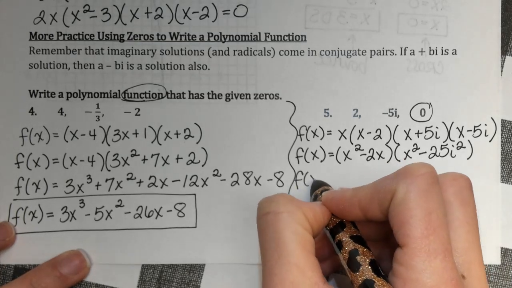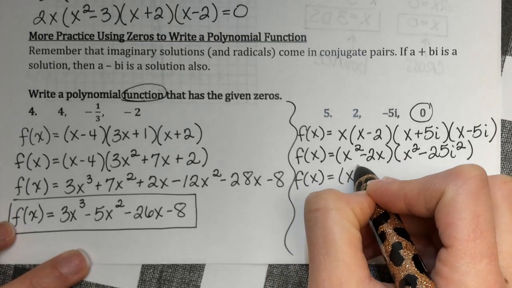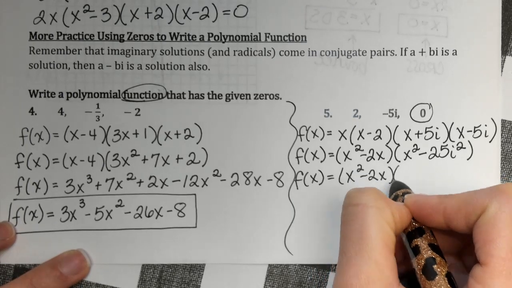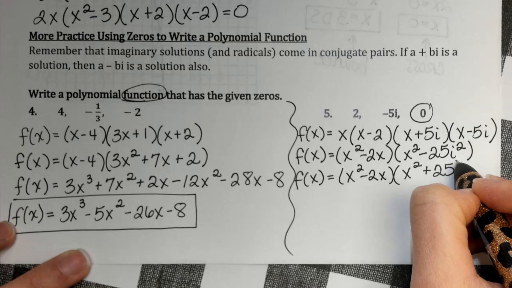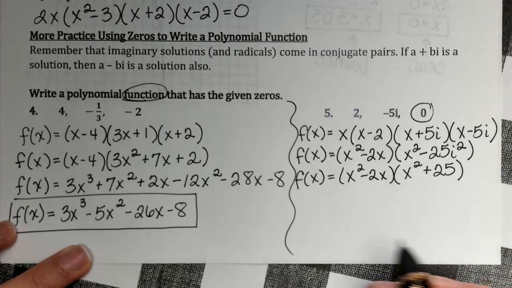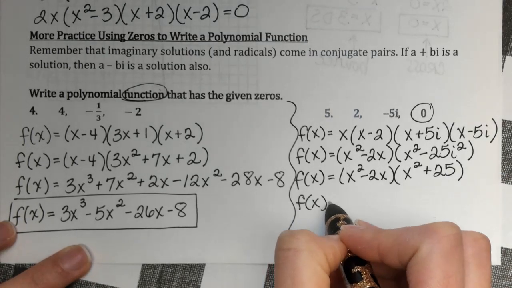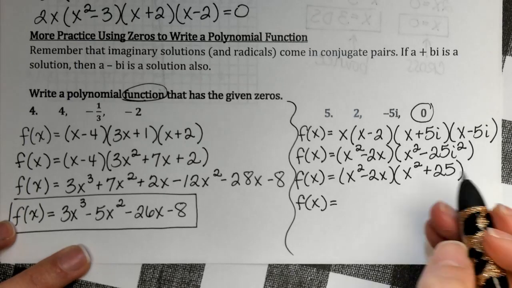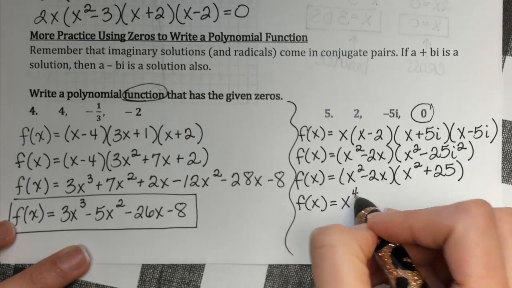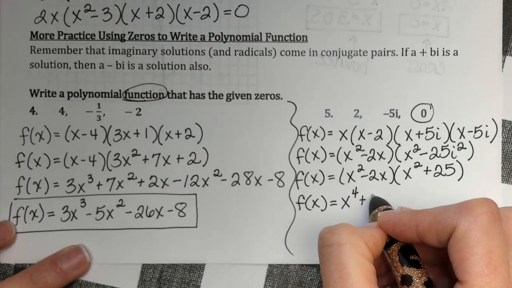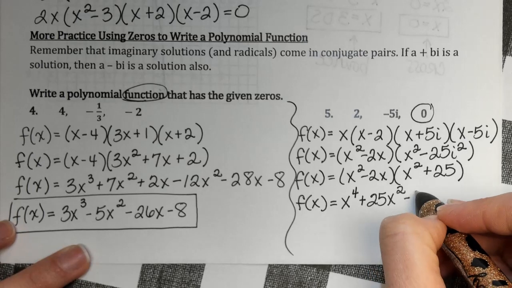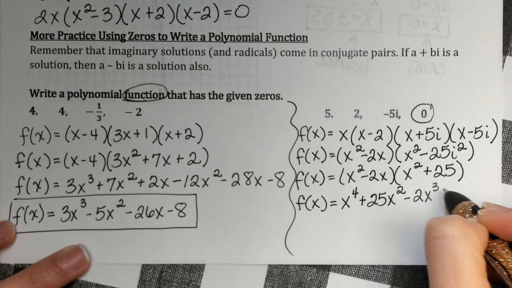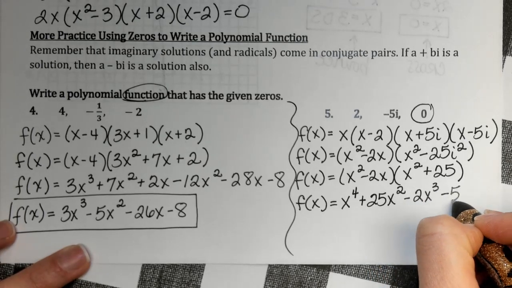Okay, that cleans up to x squared plus 25. So when I multiply, what do I get? Plus, minus, minus.